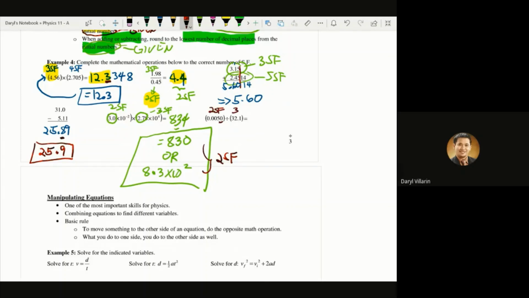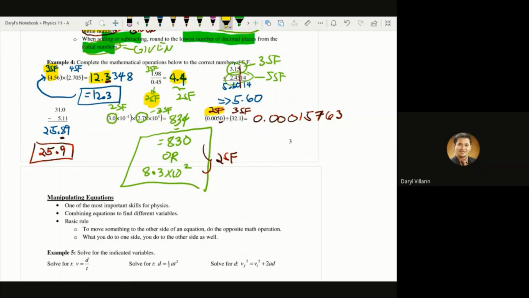This one has 3. And if you're gonna divide the 2, it will actually give you 0.000157763. But then again, my final answer should contain 2 significant figures.